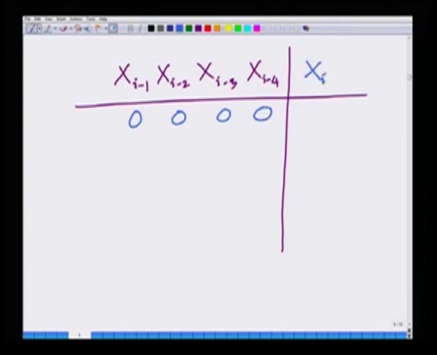Now xi is xi minus 3 XOR xi minus 4, which is 0 XOR 0, which is 0. In the next cycle, xi will become xi minus 1, which will become 0, xi minus 1 will become xi minus 2, which is 0, again xi is 0, and then this will go into the 0 state again.